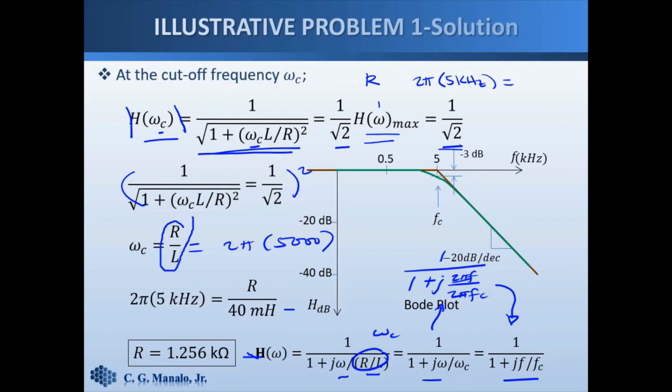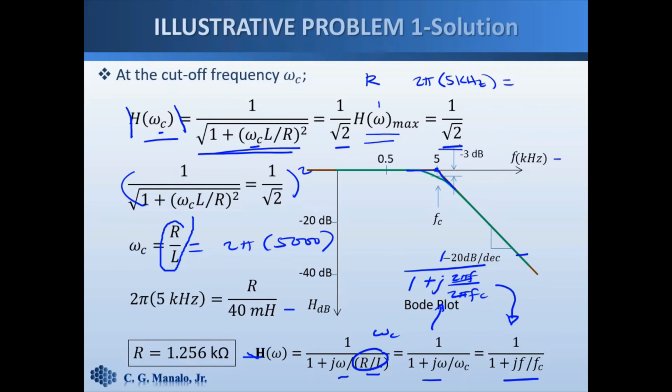We can plot the Bode plot. So what we have is a simple pole. So before 5 kilohertz, let's plot this in terms of kilohertz, that must be a flat line. And above, the Bode plot should slope downwards with a slope of minus 20 dB per decade.